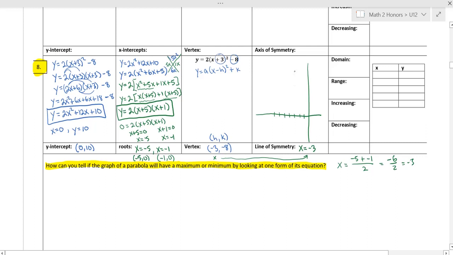So my line of symmetry is right here. I have an x-intercept at (-5, 0), and an x-intercept at (-1, 0).